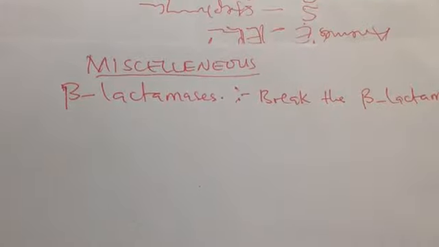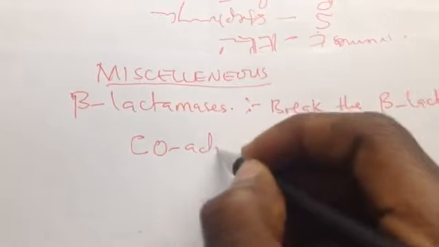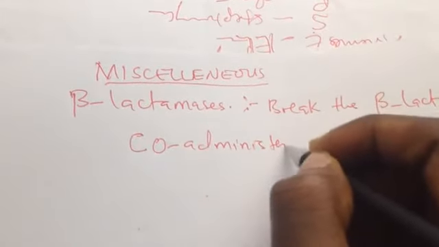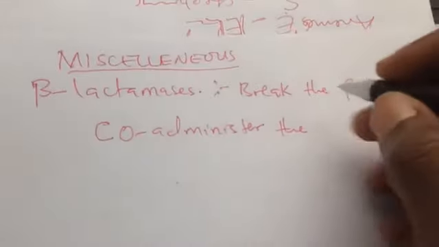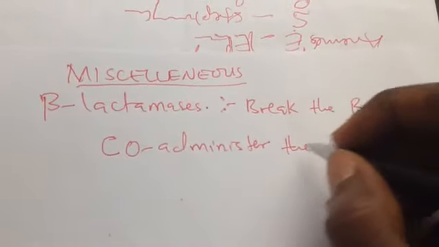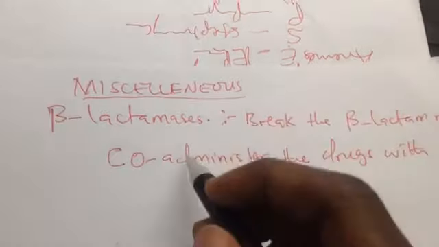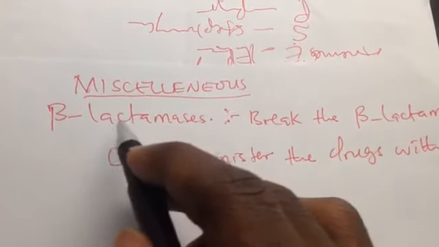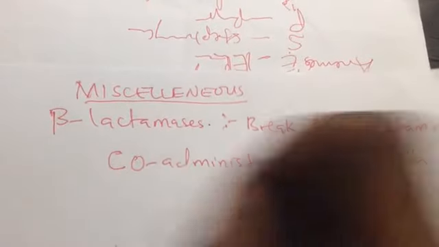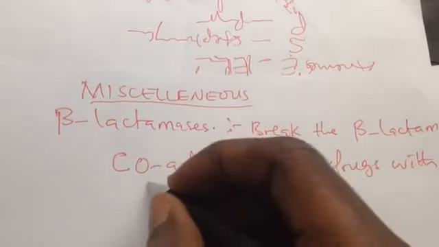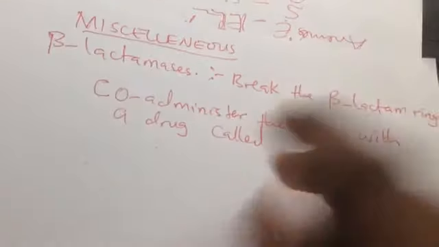So what we used to do is we used to co-administer the drugs, be it cephalosporin or penicillin, with a drug that can inhibit the function of these beta lactamases, a drug called clavulanic acid.